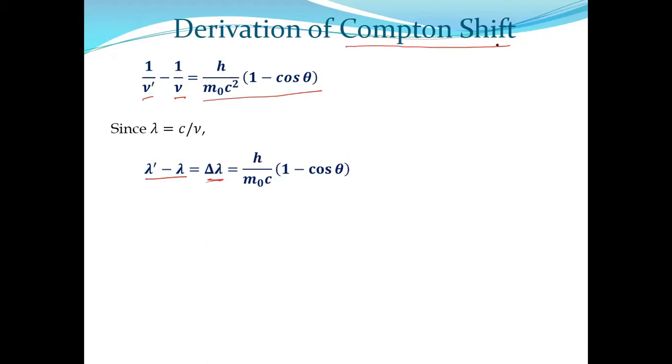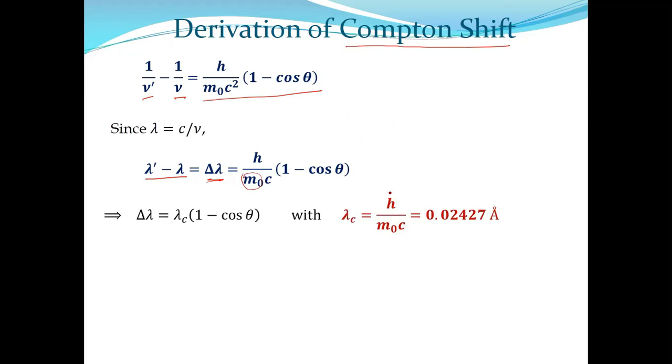Which we call the Compton shift, equal to h by m naught c times 1 minus cos theta. h is Planck's constant, c is the velocity of light in free space, so they are universal constants. m naught is the mass of that particle. If we are using an electron, m naught will be the mass of the electron, which is 9.1 into 10 to the power minus 31 kg.